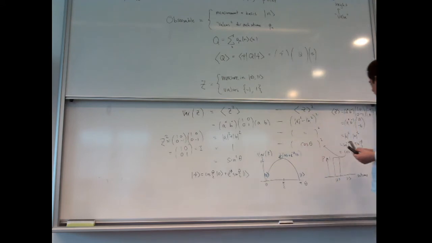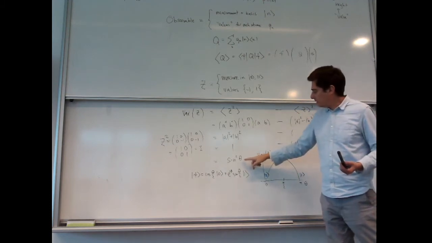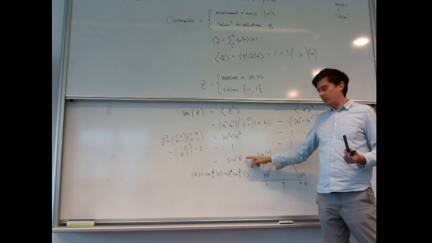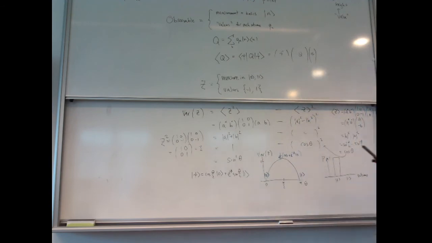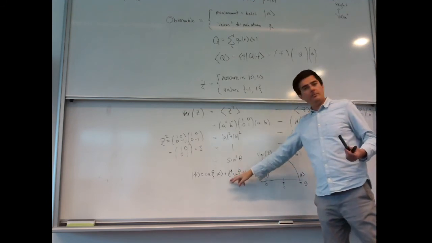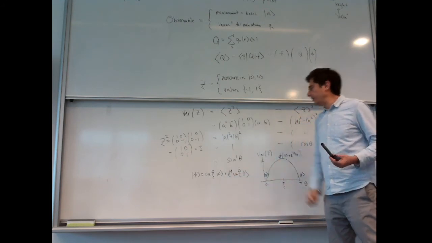The first thing you notice is that there's no phi in there at all. So this z doesn't give any information about the phi variable. It's completely blind to that, so already you can see it's not giving complete information about the state.